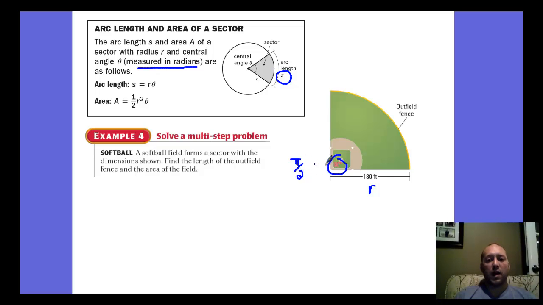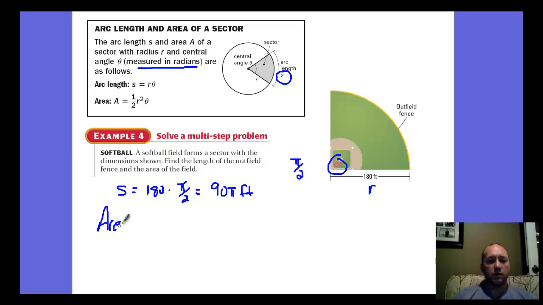If you don't remember that, you can actually go through and convert it again. But to find the arc length S, it's equal to the radius 180 times pi halves. And so that's going to be 90 pi, and that would be the arc length, in feet.